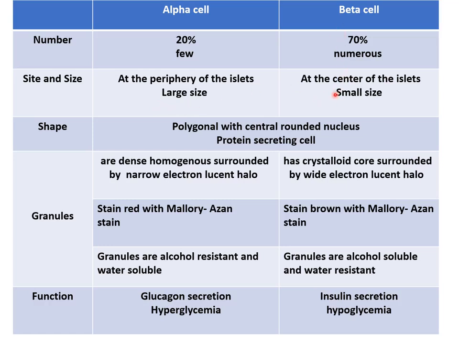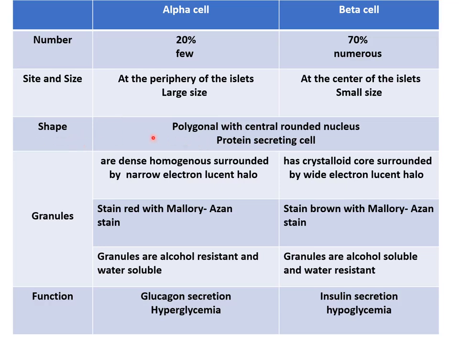But beta cells are located in the center, and they are small in size. As we mentioned, there is an inverse relationship between the percent and the size. Alpha cells 20% large in size, but beta cells 70% but small in size.